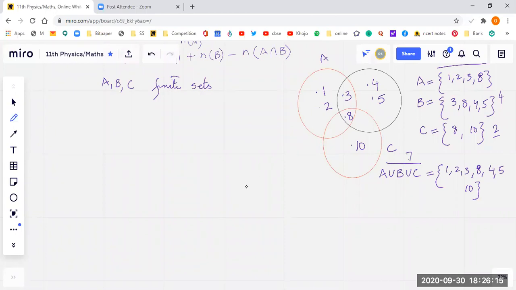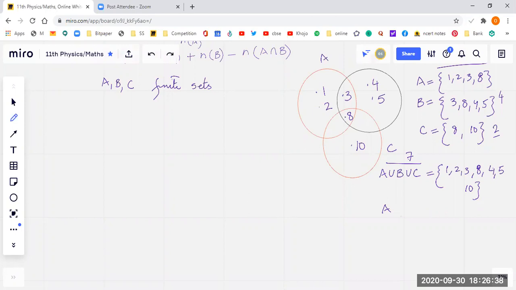Right. And students, here I can also define A intersection B intersection C. What is common between all three? Sir, you have put wrong sign. I'm so sorry, I put the wrong sign.